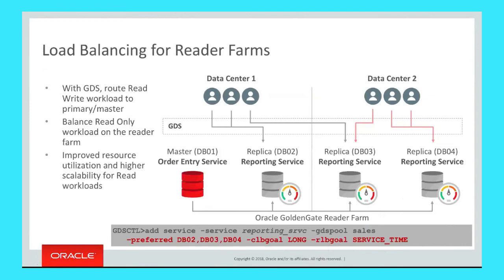So all you would do is create this service as I showed here, and then use this service in your TNS names. And all your clients using that TNS names, which has the reporting service, will automatically get load balanced across all these databases. That's the load balancing for reader farms use case.